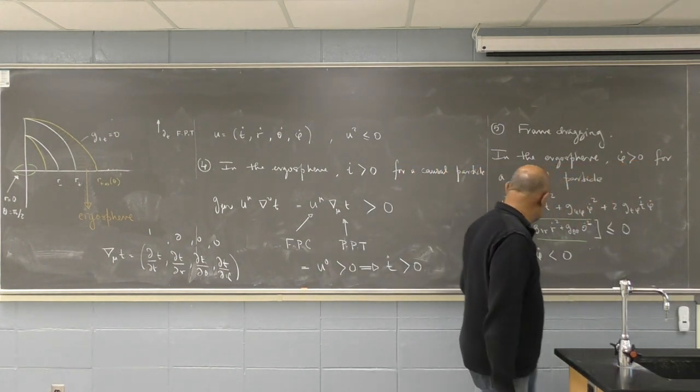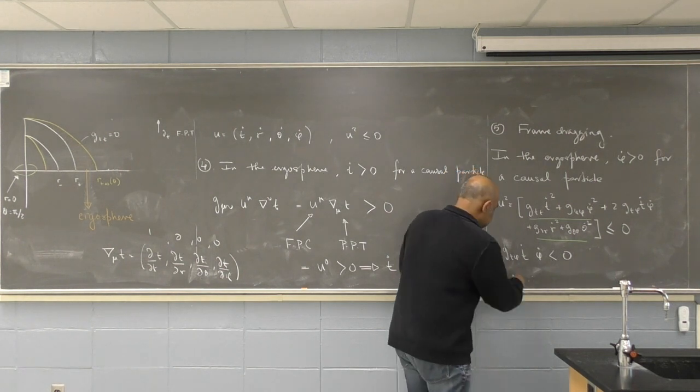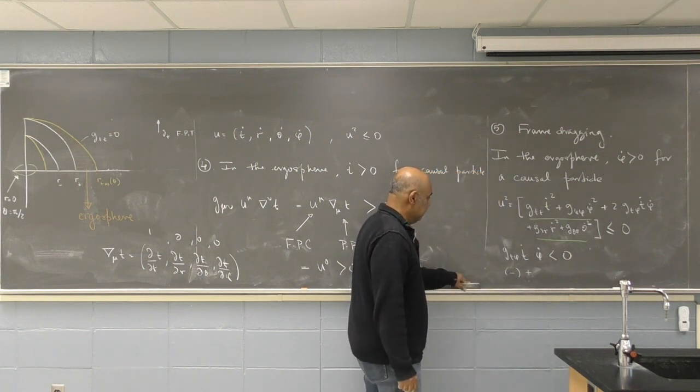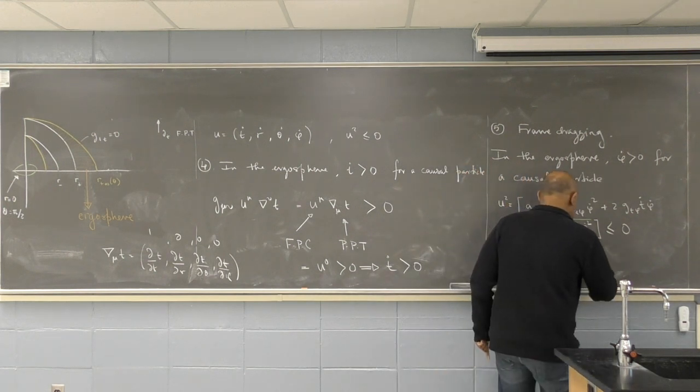G t phi is negative, so this is a negative quantity. T dot is a positive quantity. So the only way this can happen is what?